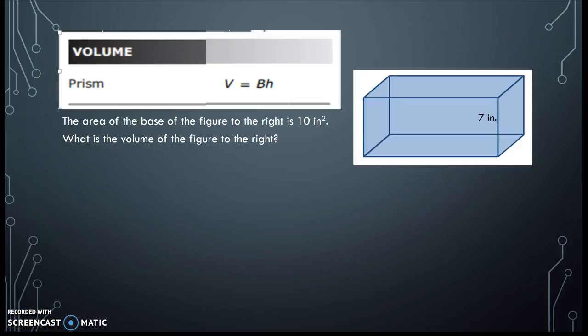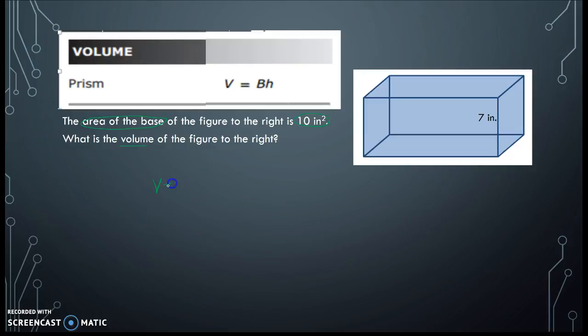Okay, so let's go ahead and look at the next one. It says the area of the base, the figure to the right, is 10 inches squared. What is the volume? So again, just like we did before, and we aren't cutting any corners, you must write each step. So step 1 is to write the formula.